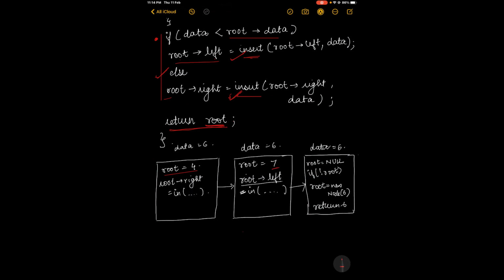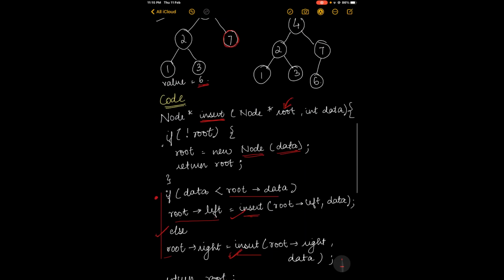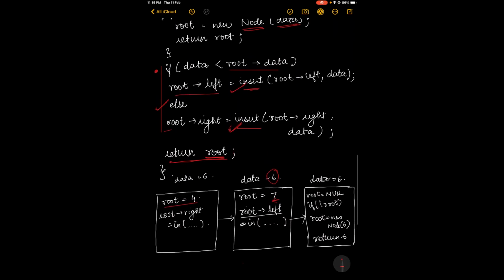So root equals 7 now, and since the data, that is 6, is lesser than 7, we can say root left is equal to insert root left comma data. So now the left child of 7 must be passed as the root into the function. But since 7 does not have either the left child or the right child, our root is null.